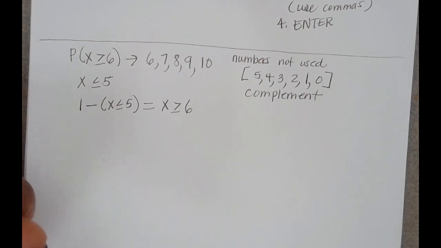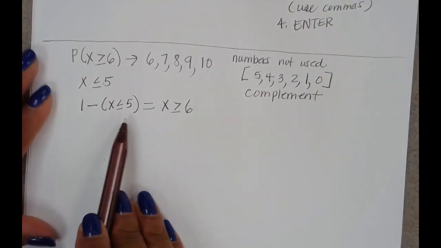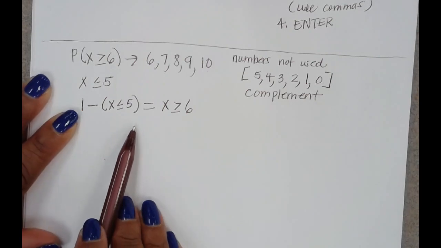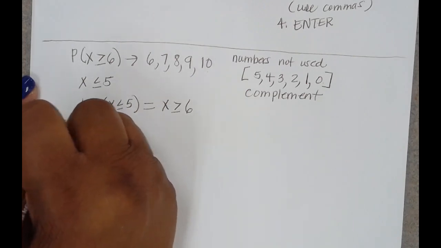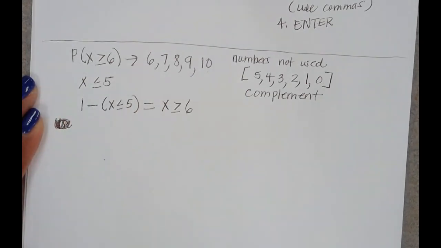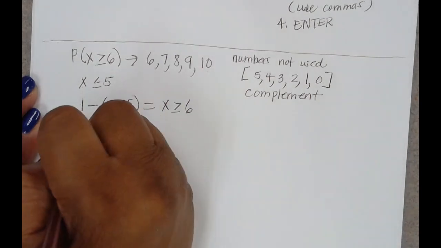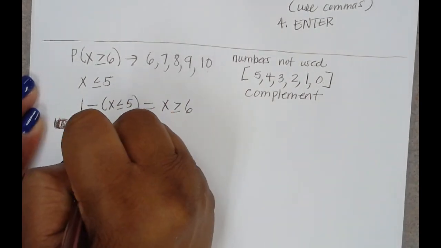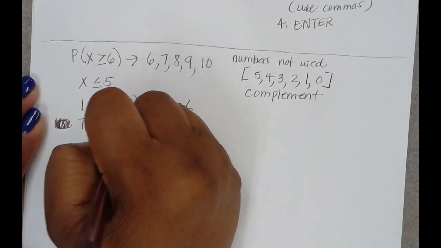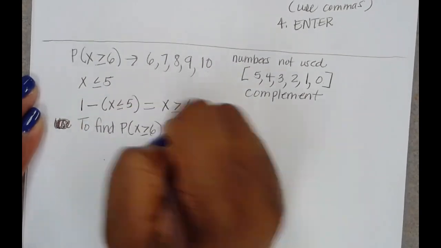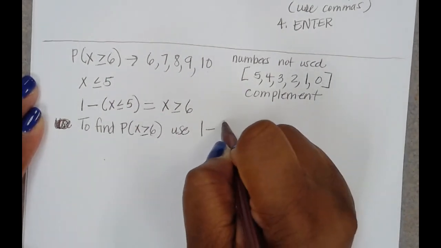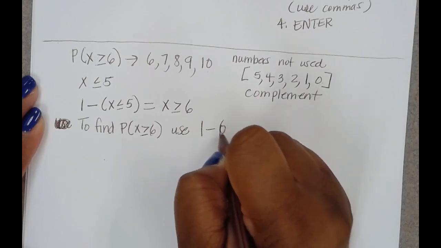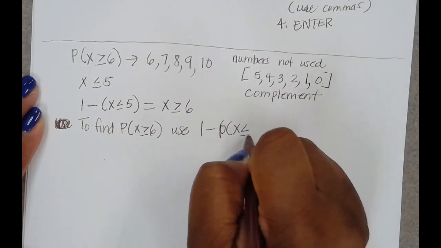I can put this one in my calculator. Okay? So, let's look at what we're going to put in our calculator. Let's use the same directions or style of note taking. To find P of x is greater than or equal to 6, we're going to use 1 minus P of x is less than or equal to 5.